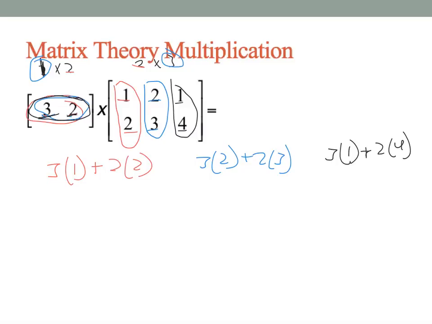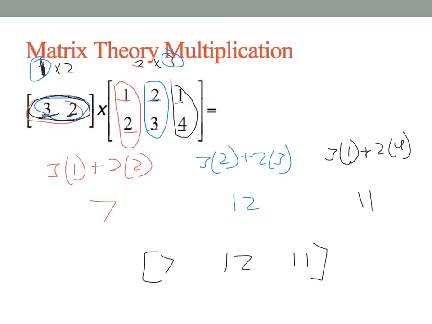Okay, so 3 times 1 is 3 plus 4, so we're going to have 7. We're going to have 6 plus 6, so 12, and then 11. Okay, so our final answer is going to be 7, 12, and 11.